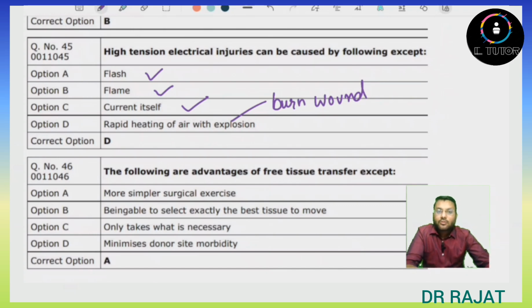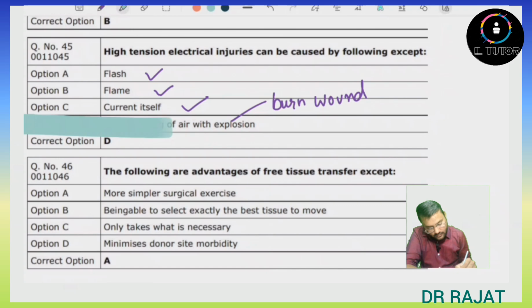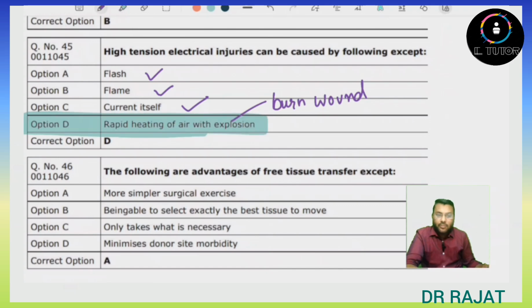So answer here will be rapid heating of the air with explosion, because it will lead to burn wounds, and these are superficial wounds mainly, but high tension electrical wounds which are deep is caused by flash, flame and current itself.